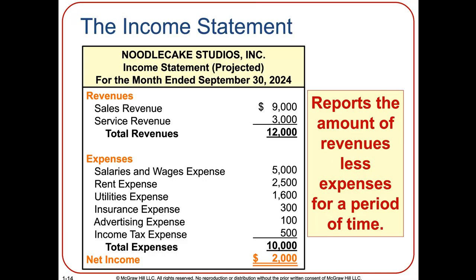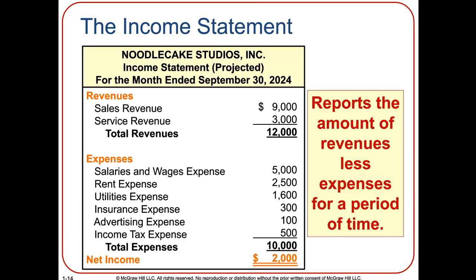When you see sales revenue, that means we are selling product. When you see service revenue, that means we are selling time. We want to track those individually so that we know which one is bringing in how much revenue. Then we simply total the revenues and give it a title. Notice it's one line above, one line below. That indicates a subtotal for revenues.